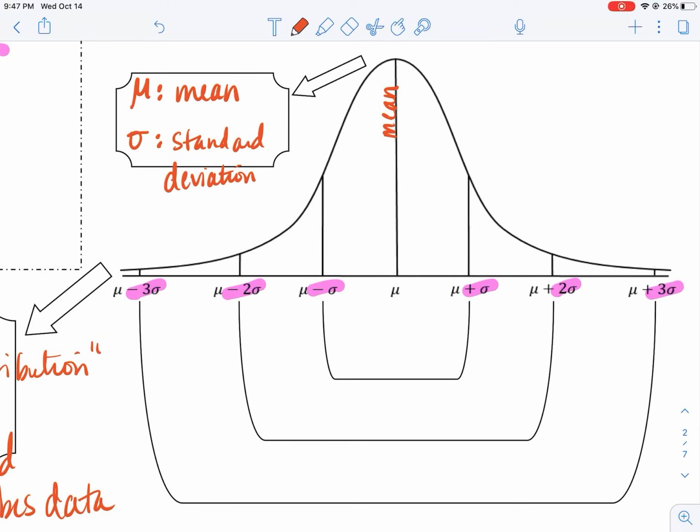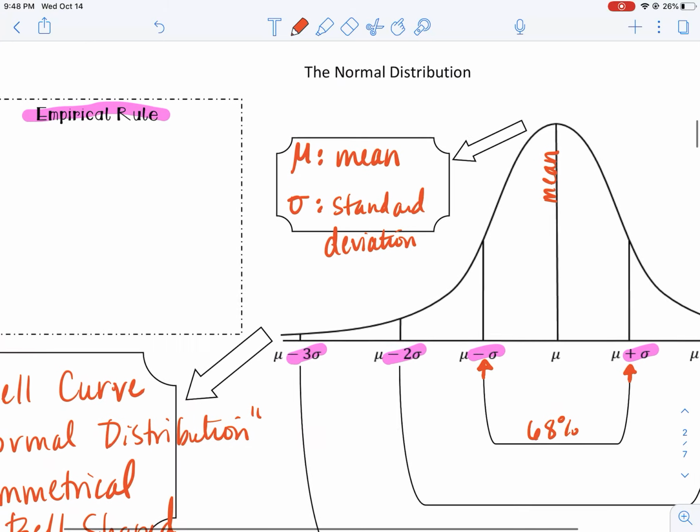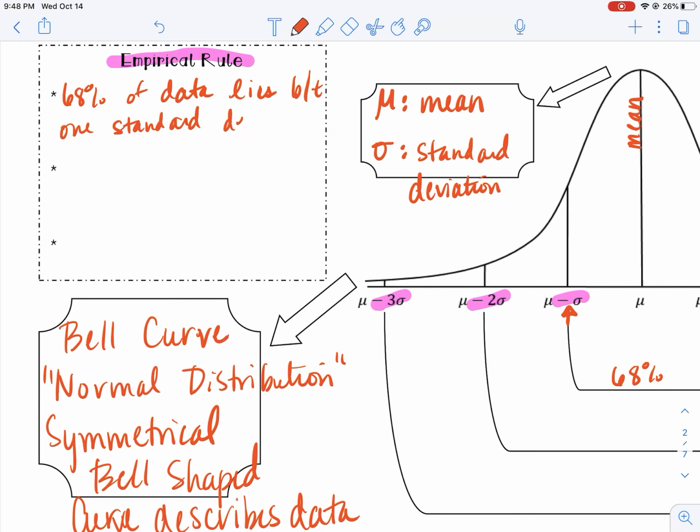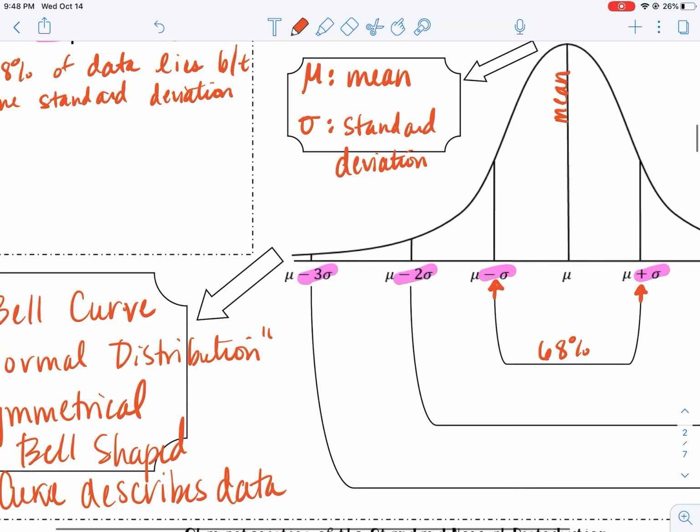The first rule is that 68% of data lies between one standard deviation, added and subtracted.